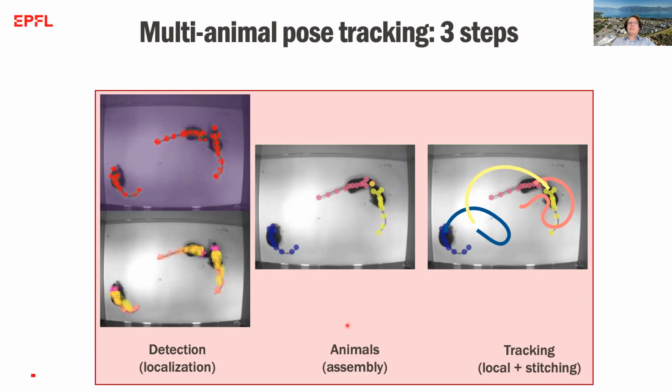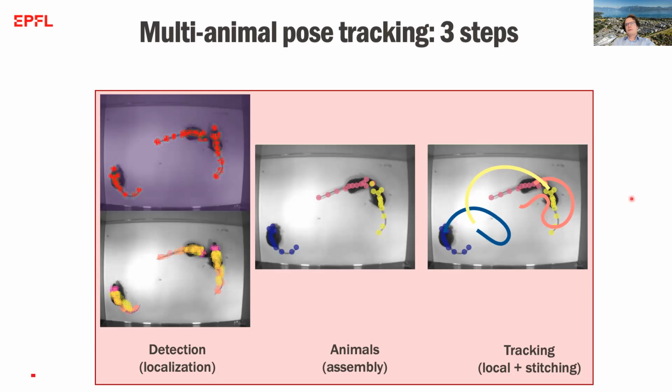Now, in the case of multiple animals, one first needs to detect the key points of interest of each one of the animals, then figure out which key points belong to each other. This is called grouping or animal assembly. And then once one has estimated the pose of all the individuals in a given frame, one performs tracking over time in order to correctly link the poses of individuals across time.